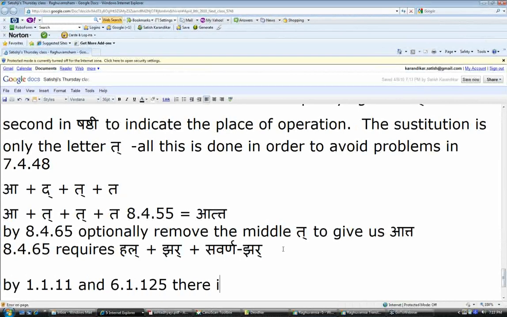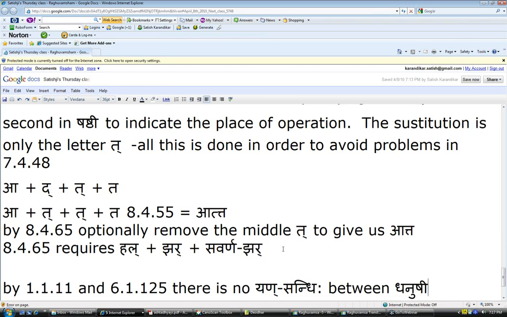There is no yan sandhi between, let's see, the dhanushi adhijyatam. So that's a dual form. The dhanushi is a dual form. It is the neuter accusative dual. And adhijyatam.